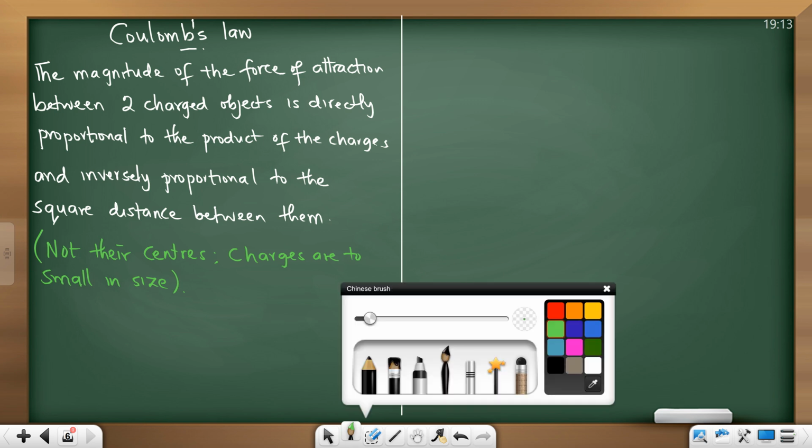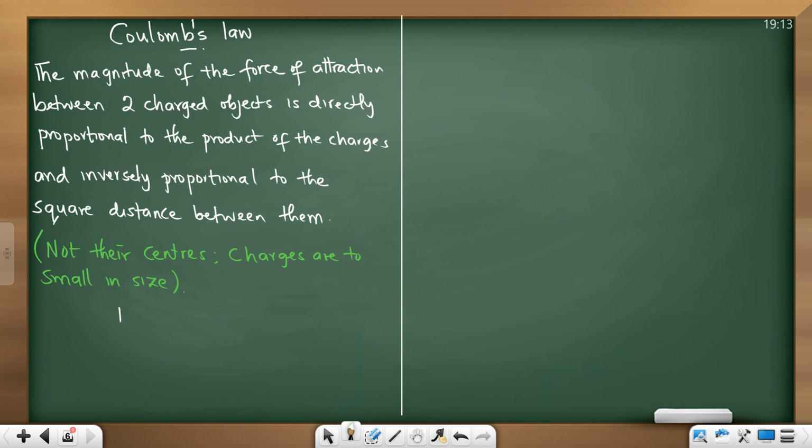Okay, so F is directly proportional to Q1 Q2, and F is inversely proportional to the square of the distance between them. Therefore, F can be written with a proportionality constant k: F = k Q1 Q2 over r squared.